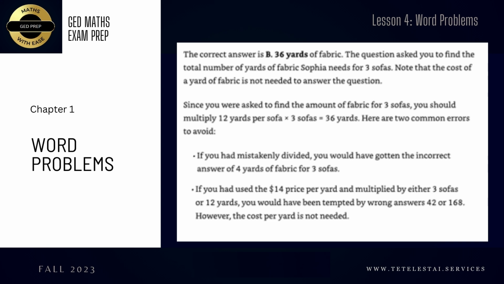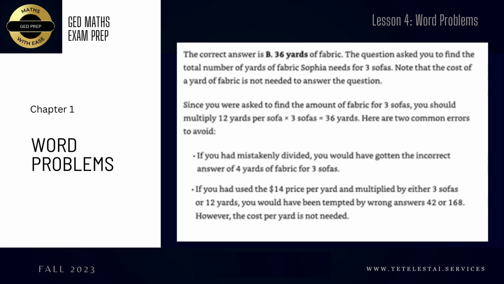Okay. And since you were asked to find the amount of fabric for 3 sofas, you should multiply 12 yards per sofa by 3 sofas, which is 36 yards. So here are the 2 common errors that you want to avoid. If you had mistakenly divided, you would have gotten the incorrect answer of 4 yards of fabric for 3 sofas, right? So again, you want to make sure that you understand what the question is asking you.